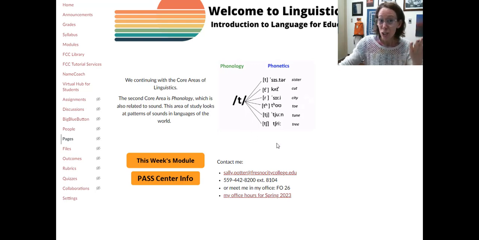But in actuality, it sounds different depending on where in the word it is and what sounds are next to it. Sometimes it's just going to be the regular T. Sometimes if it's at the end of the word, it's called unreleased.